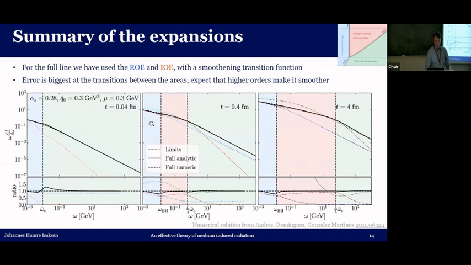Then we get the full solution, which is this full line here, and it's compared to the numerical solution, which is this dashed line. And as you saw also on Carlotta's plot earlier, it matches very well, except around this transition point where there is a little bit of error still. But we expect that if you go to higher orders of the expansion around these transition points, then this error becomes smaller and smaller.